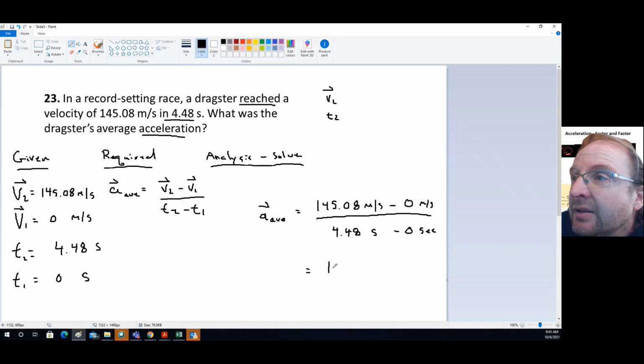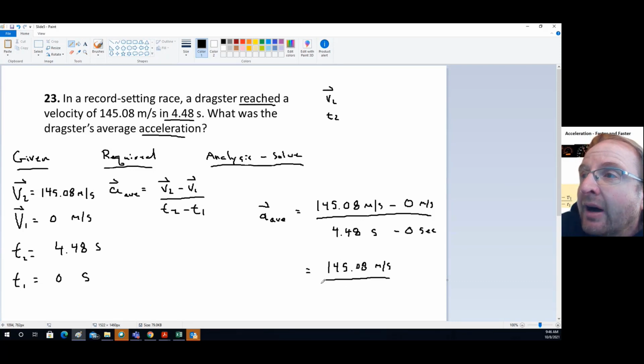This is indeed just 145.08 meters per second divided by 4.48 seconds. Let's see this acceleration. Hit clear. 145.08 divided by 4. Typed in the wrong thing. Clear, clear, clear.